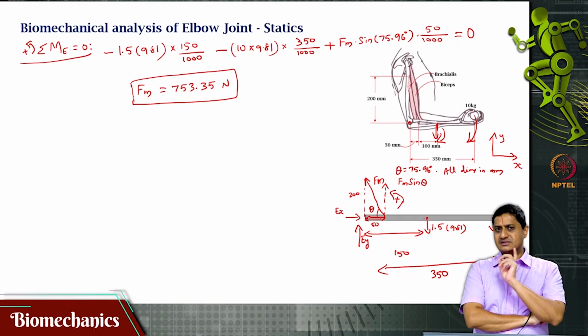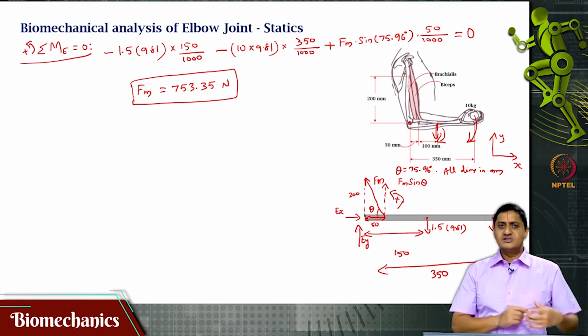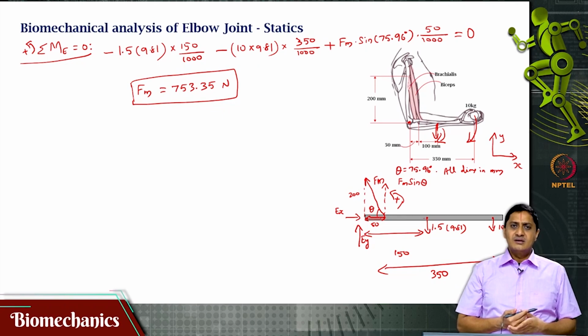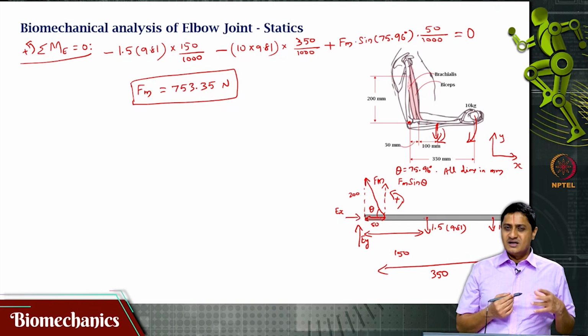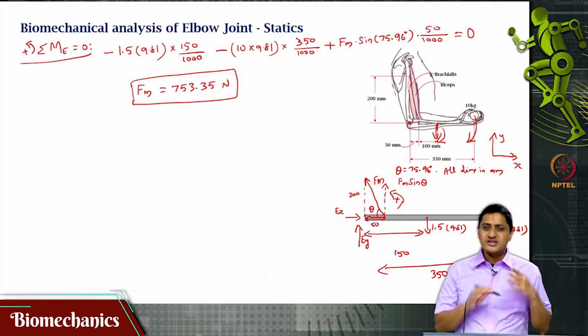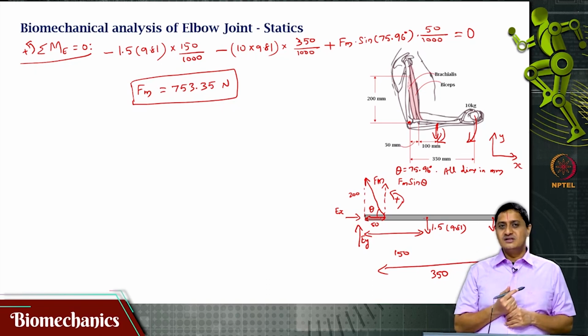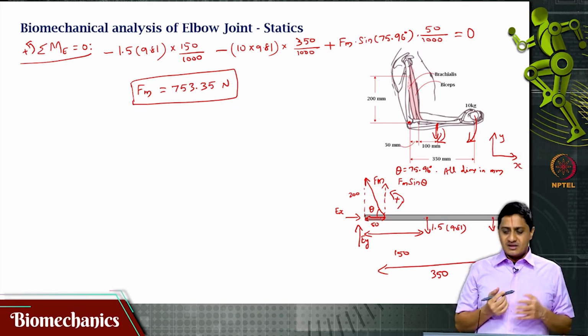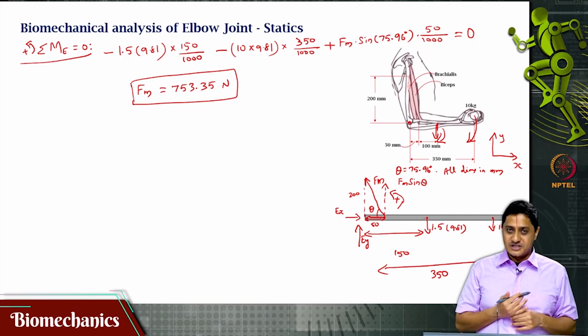But there is a problem: the muscle force is not acting perpendicular. So, it is not going to be a simple multiplication, there is going to be something else. The sin theta is coming into the picture. Let us assume for the sake of discussion that this is acting vertically upwards.